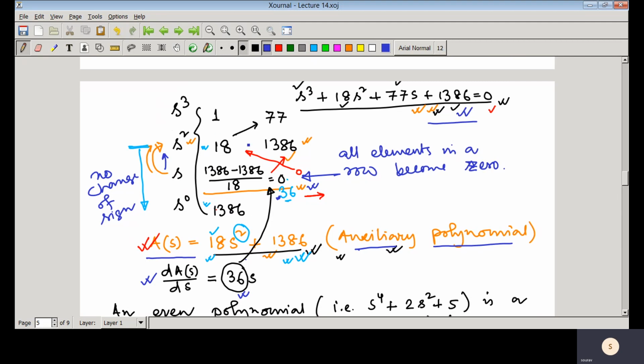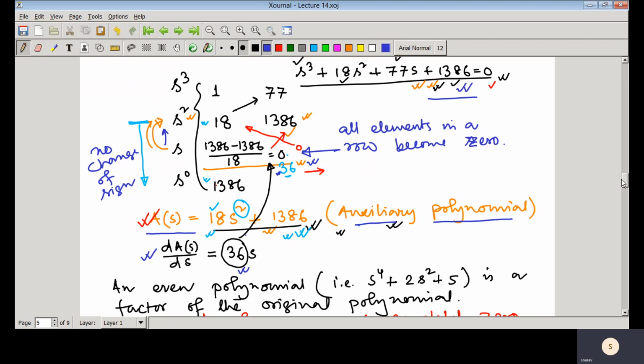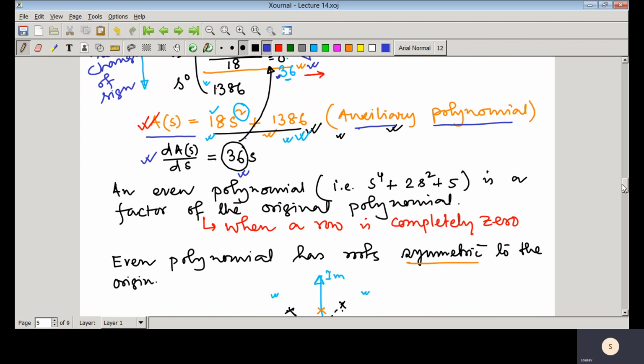So if we proceed and complete that Routh table, then we find that in the first column there is no change of sign. But the interesting point is, whenever you have a row completely 0, it means an even polynomial is a factor of the original polynomial. And we have seen that an even polynomial has roots symmetric to the origin.